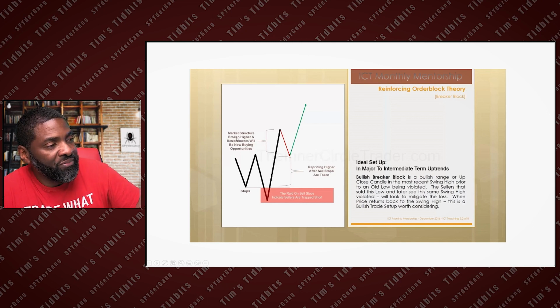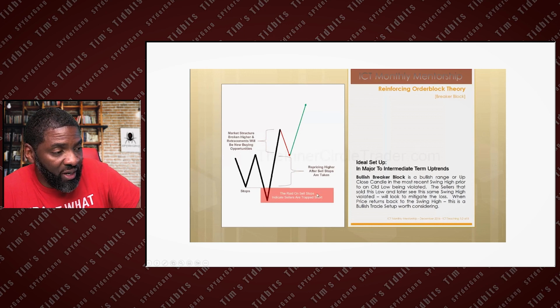So looking over here, you see ICT has a market structure broken higher, and retracement will be new buying opportunities. This is once it breaks past this high. We like it goes higher, then you come back down to go long again. And this is what he was talking about after a recent low was broken.